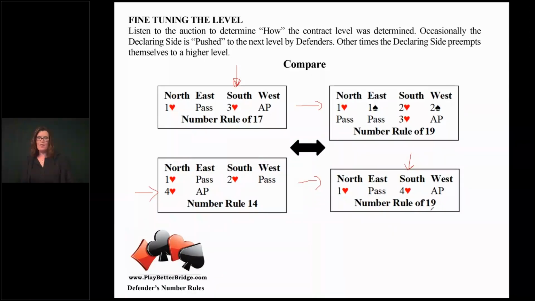So first up on the checklist is review the auction, because that helps you determine how they got there. And then the next step on your checklist is to subtract from your number rule based on the final contract. Now I want to show you a couple of hands, and we'll have the auction because we're going to be reviewing the auction as defender and then choosing the opening lead based on the number rule.